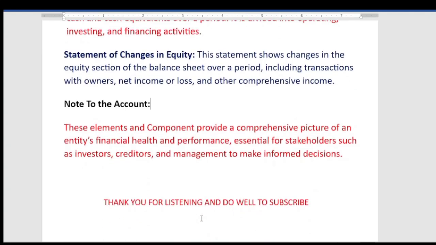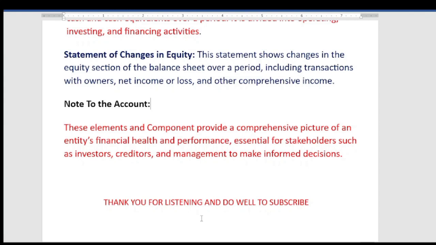So this is where we've come to the end of this lecture. But the key thing in this lecture is elements and components. Let me just say something again. Elements are hiding under components.